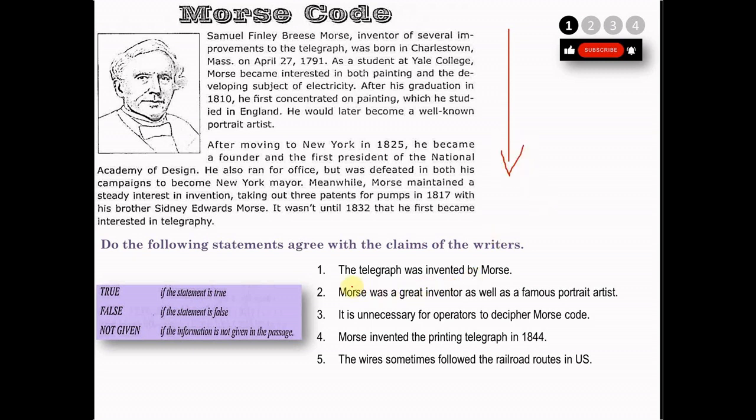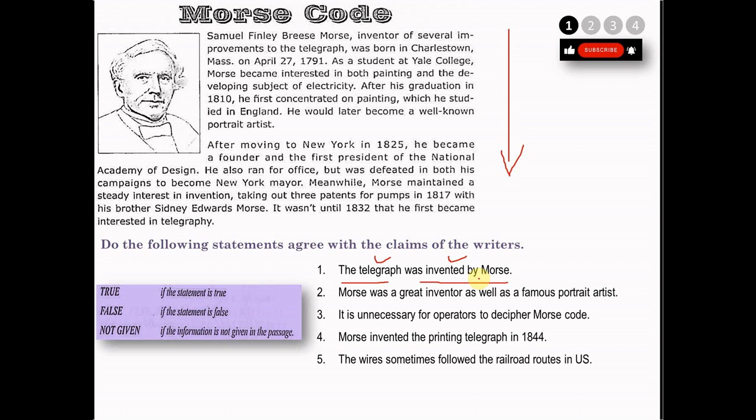So the first question is, the telegraph was invented by Morse. I have the question, and to me the keywords are telegraph and invented. Clear? So I'll try to find out these two things. In which condition will this be treated as true? It would be treated as true if we find that it is indeed invented by Morse.